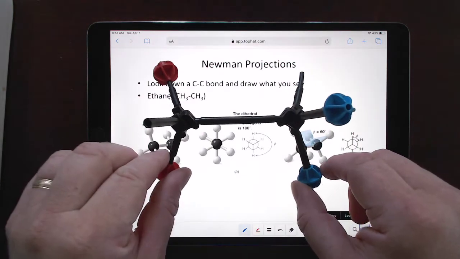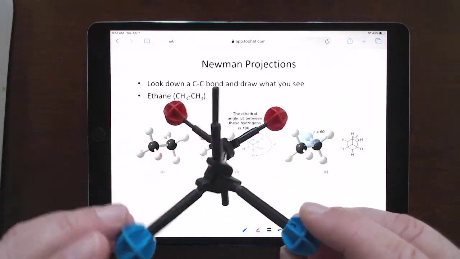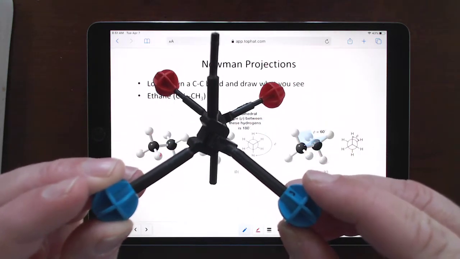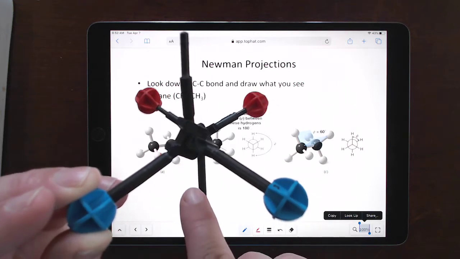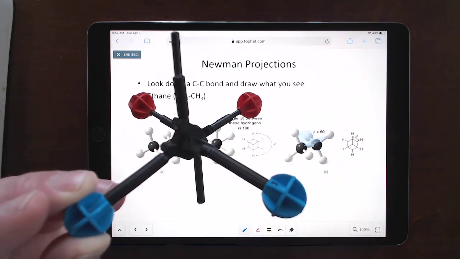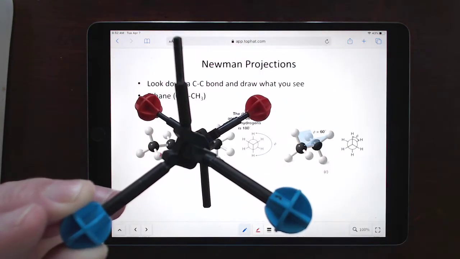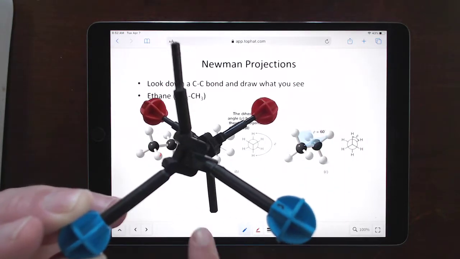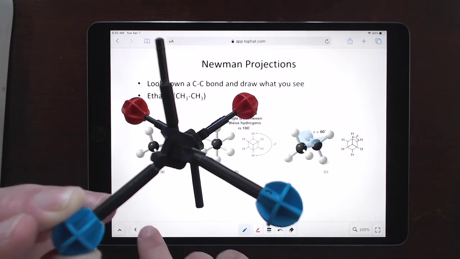If we rotate this around, you can see right directly down that bond. So this carbon you can see, but the carbon behind it you can't because it's obscured. But you can see the hydrogens that are coming off of the back carbon.